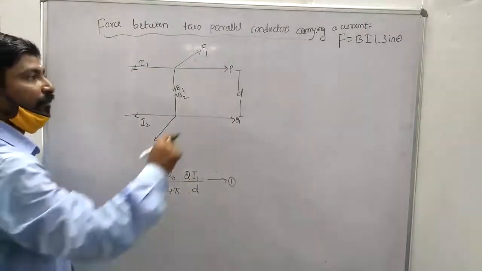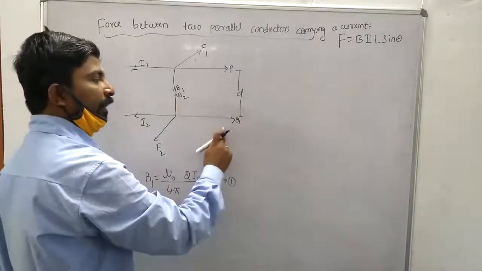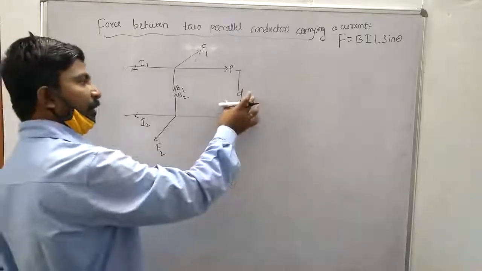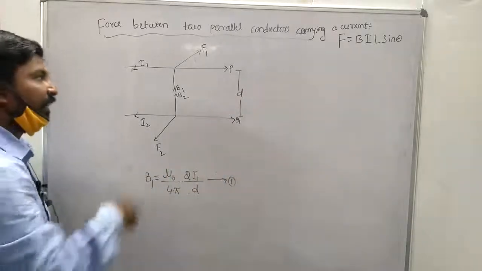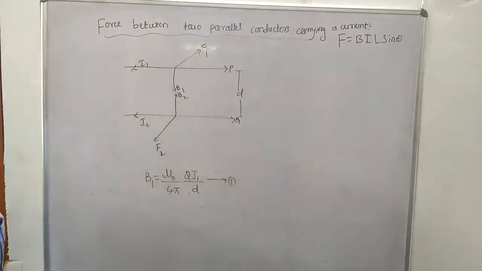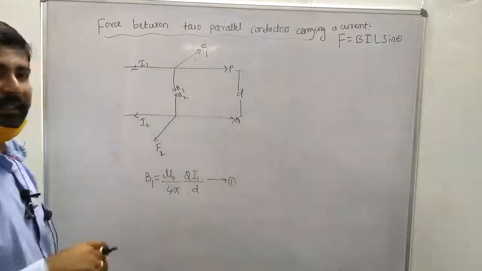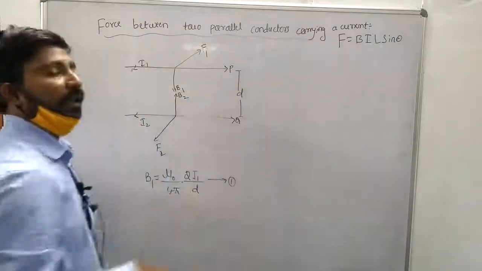Once again, consider 2 parallel conductors P and Q separated by a small distance d carrying a current I1 and I2 respectively. The conductor P will produce the magnetic field at all points around it.